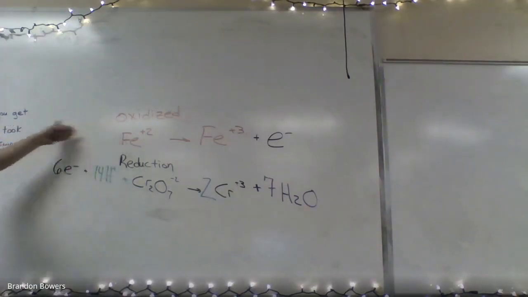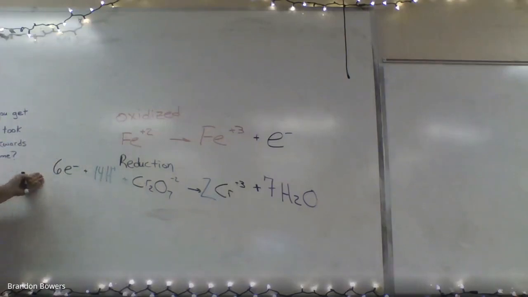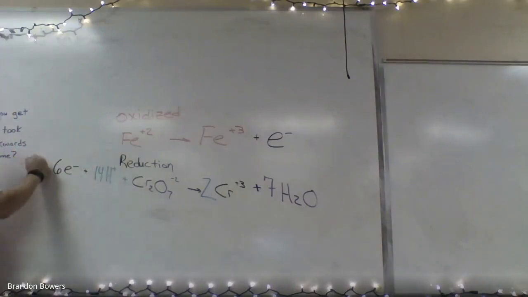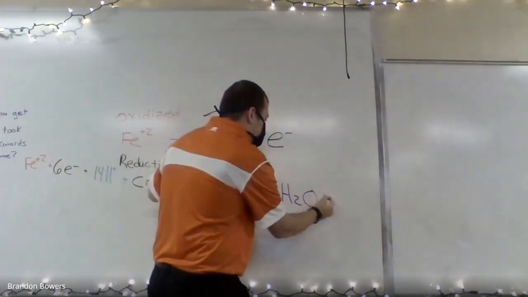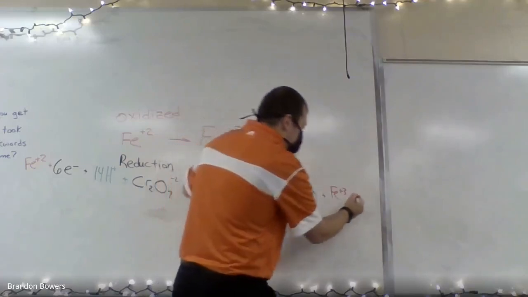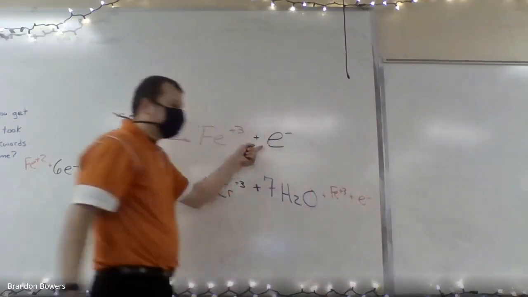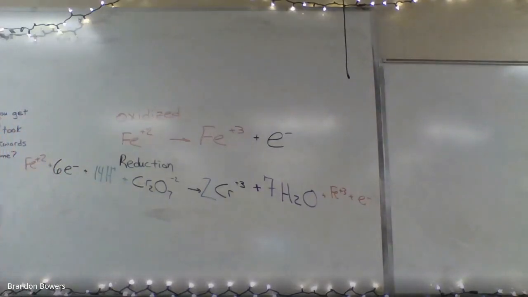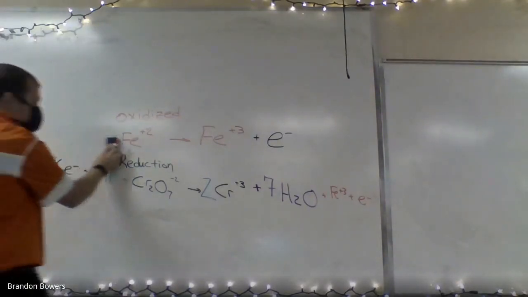So I'm going to add Fe to this bottom side, the reactant side. I'm going to add Fe plus 2 to this side. And I'm going to add Fe plus 3 and an electron to that side. Does that make sense? We have one big reaction now.